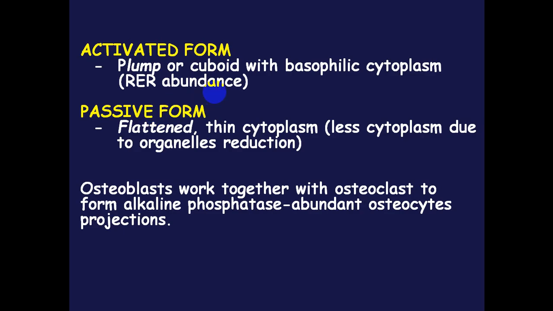The passive form is flat with thin cytoplasms because it has fewer organelles. And then osteoblasts work together with osteoclasts to form alkaline phosphatase-abundant osteocyte projections, because alkaline phosphatase is an enzyme that also activates osteoblasts and osteoclasts.